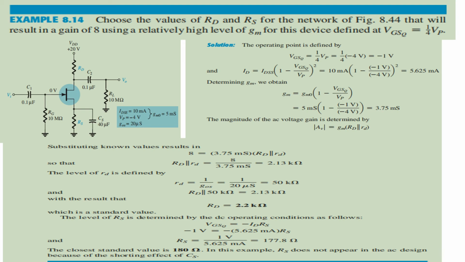Ultimately, we are in a position to find out how this Q point is set. Okay, or what are all the components you have to select when you are setting the Q point or the operating point when VGSQ is equal to 1/4 of the pinch off voltage. So rd is equal to 1 upon gos.